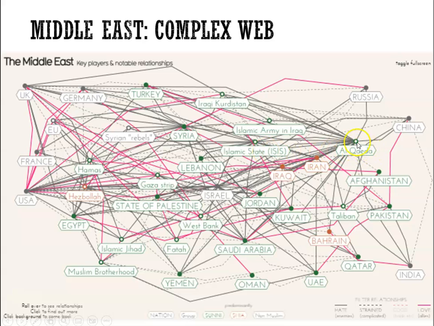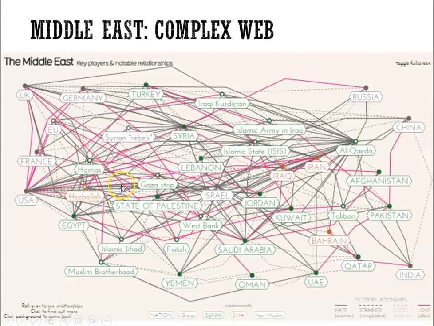Al-Qaeda, as you see here, with its base near Afghanistan. So you can see some of the key players here. Syrian rebels. Syria is a big hub, especially today. Lebanon, Jordan, Saudi Arabia. Okay, so we don't have time to dissect this whole chart, but it will let you see how things are interconnected.